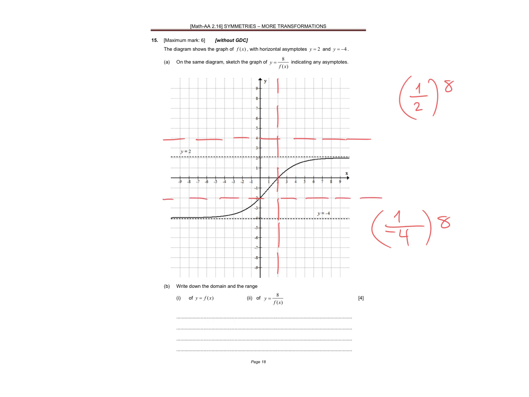All right. So now we have no maxes, no mins. We've got the y-intercept at 0, -2. So that's going to become 0, negative 1 over 2, but we have to multiply that by 8, so it's going to be negative 4, like that.